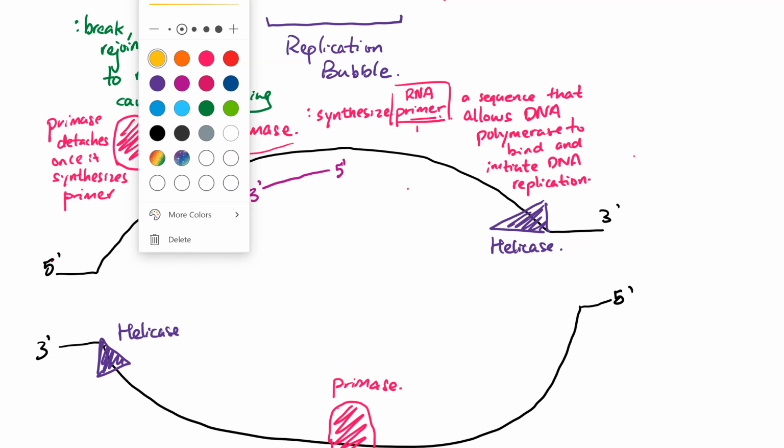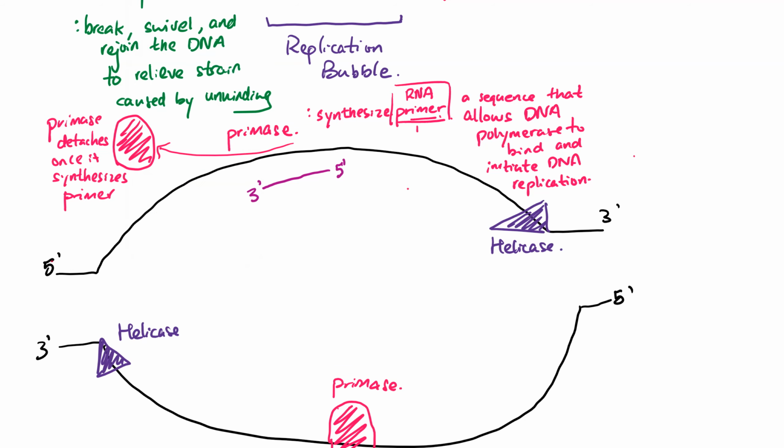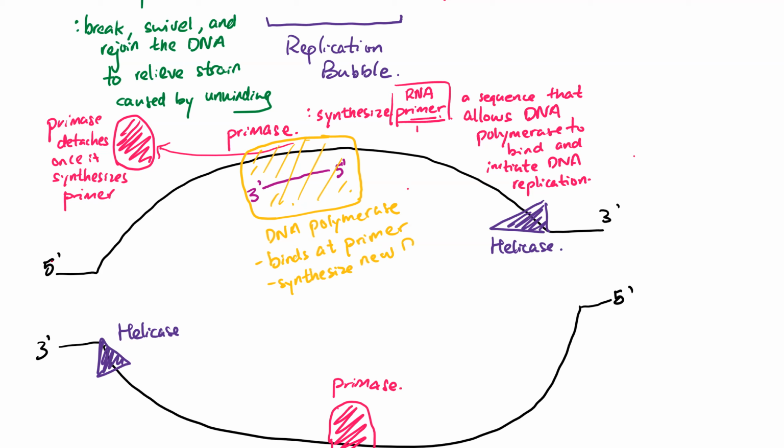Next, we have DNA polymerase. DNA polymerase is going to bind at the primer location, and it will synthesize the new DNA by adding new nucleotides to the 3' end. So a new nucleotide is going to be added and base pair with the template strand over here.